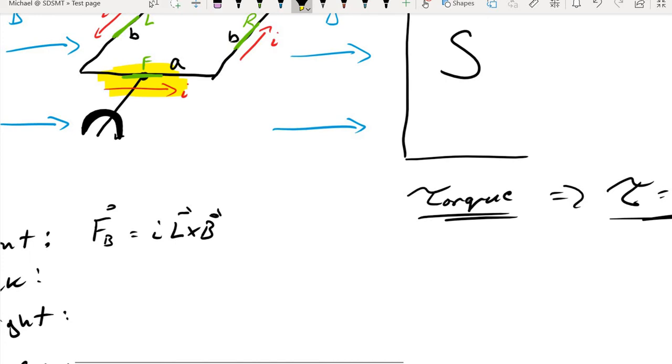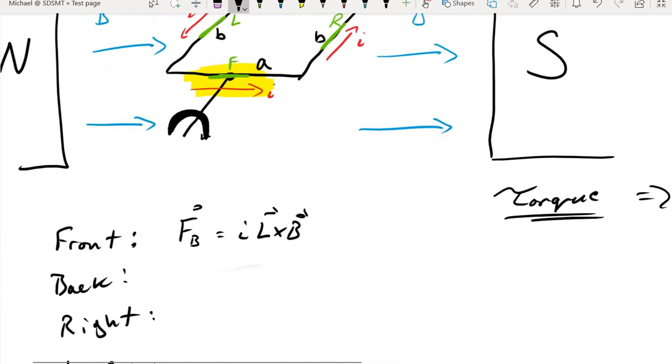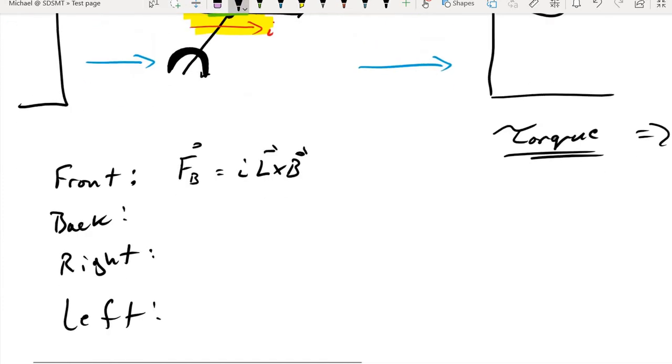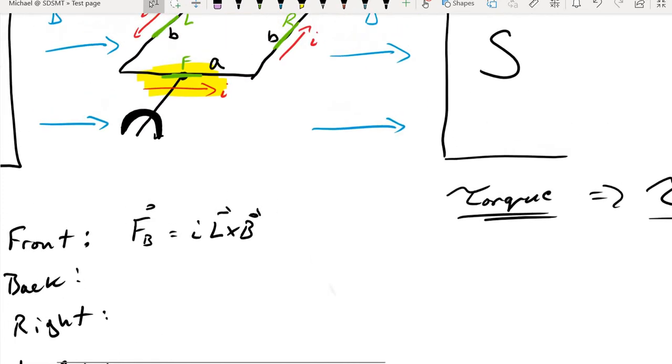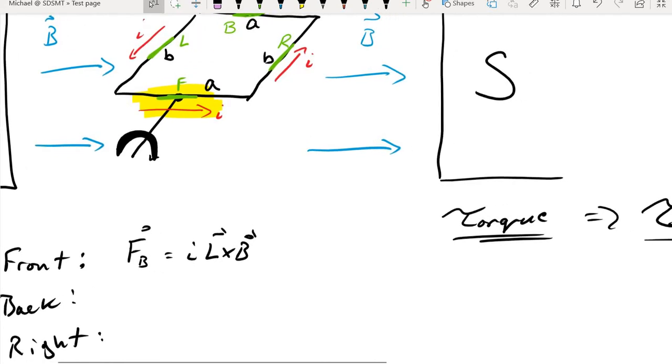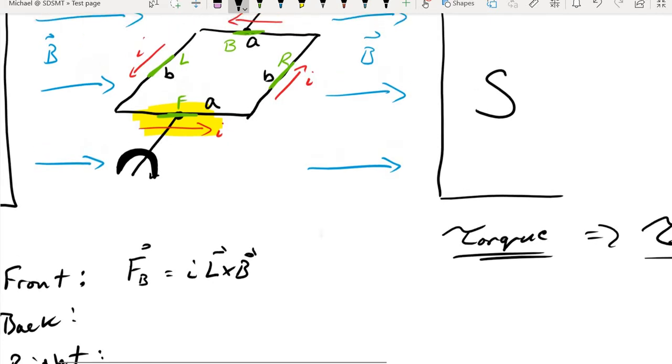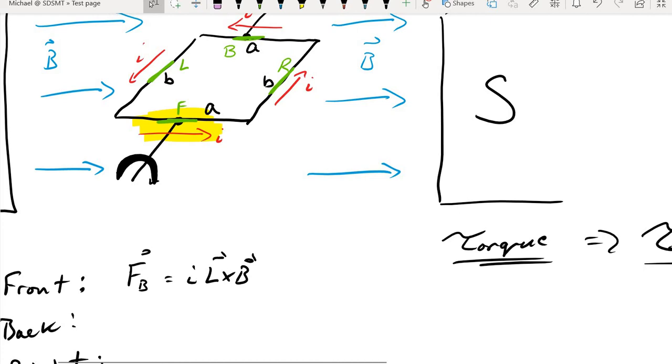Now the current is going to be the same for all four legs of our coil. The magnetic field is going to be pointing in the same direction, which is to the right, for all four legs. We just need to figure out what is L for each of these legs.